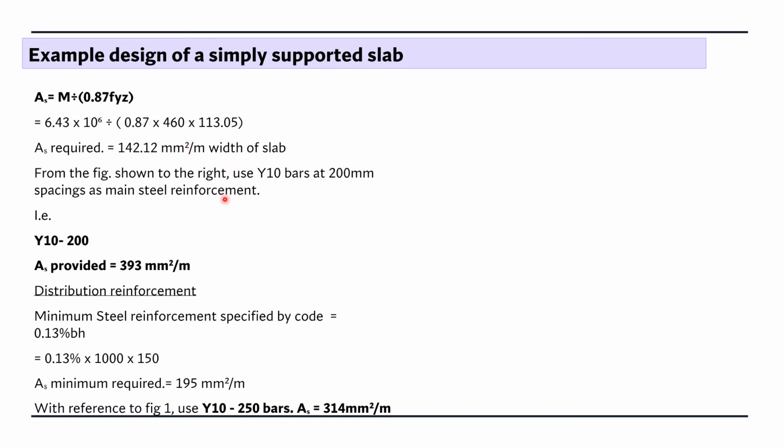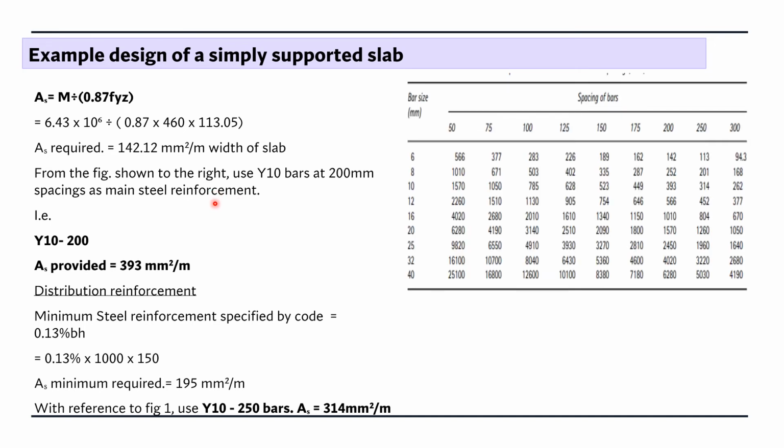So now we're going to look at the bar size table. So from the figure shown to the right, use Y10 bars at 200 mm spacing as main steel reinforcement. So when we look at it, 142.12, when we look at it here, it falls under a bar size of 6, but then we can increase it, because in reality we shouldn't be using a bar size of less than 10 for our slab reinforcement.